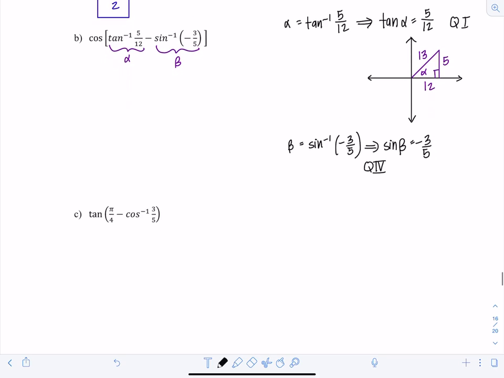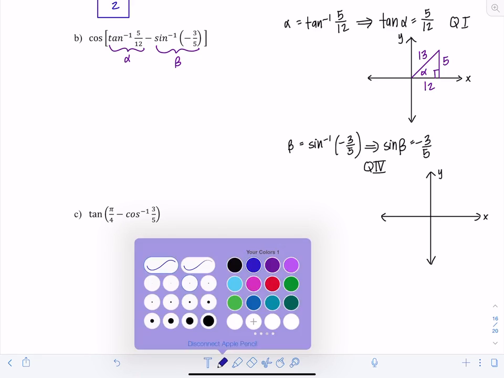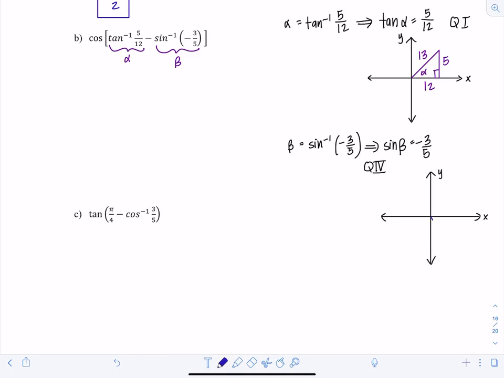So I'm going to draw another triangle in quadrant 4 for beta. Okay, so let's do blue for beta. So here's beta. Sine is negative 3 over 5. So opposite side is negative 3, hypotenuse is 5, and this side here is going to be 4.